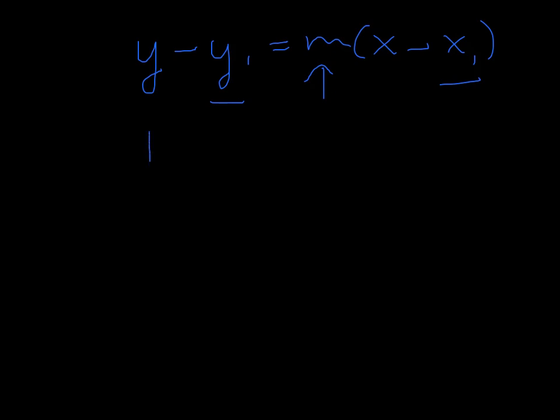In the case of a horizontal line, the equation is just going to be y is constantly equal to some number. And with a vertical line, the equation form ends up being x is constantly equal to some number.